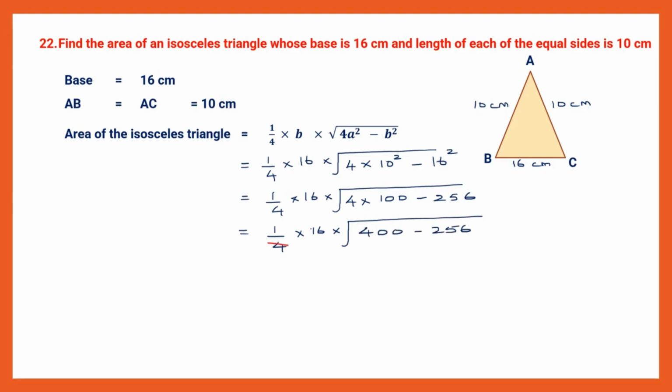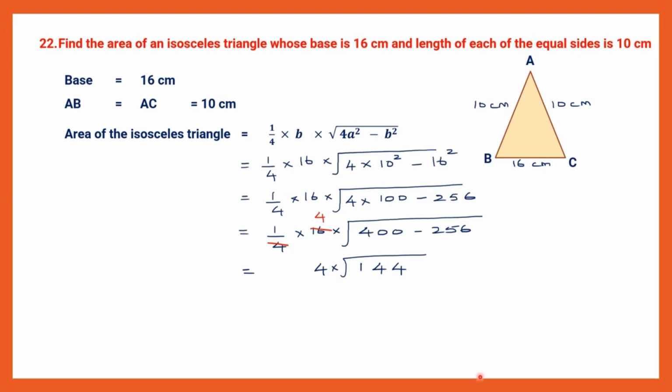Here let's see what all we can work out. We can cancel this 4 and 16, so that becomes 4 4s are 16. So here we can write 4 into the square root of 400 minus 256. 400 minus 256 is 144. Now all we have to do is find the square root of 144 and multiply that by 4.